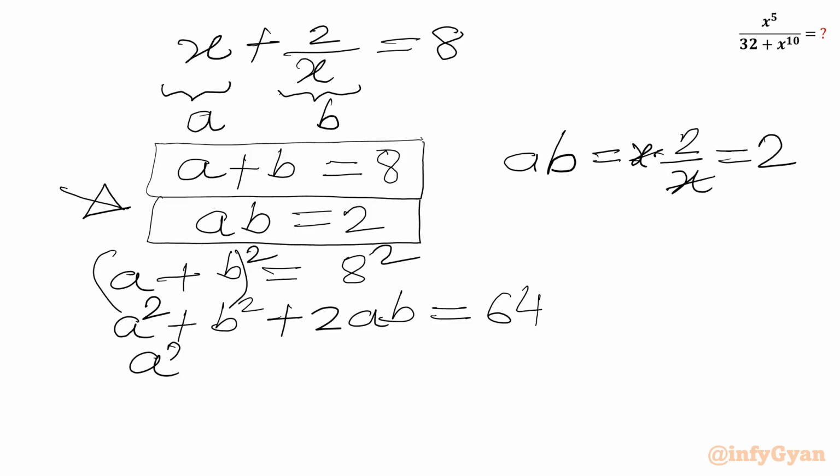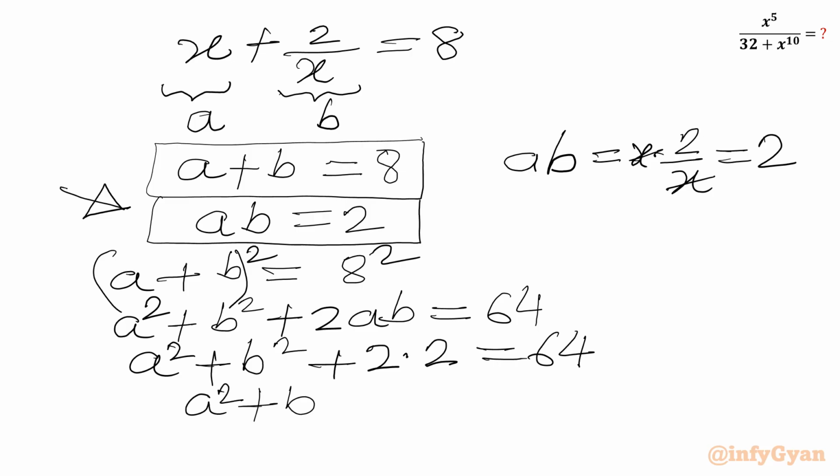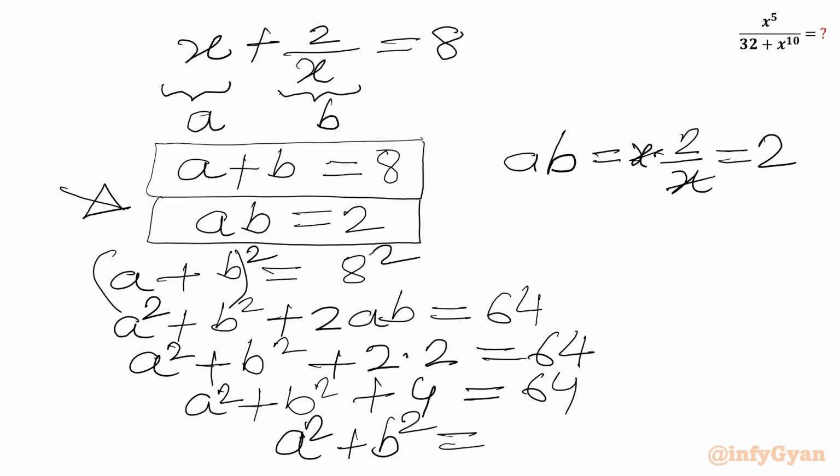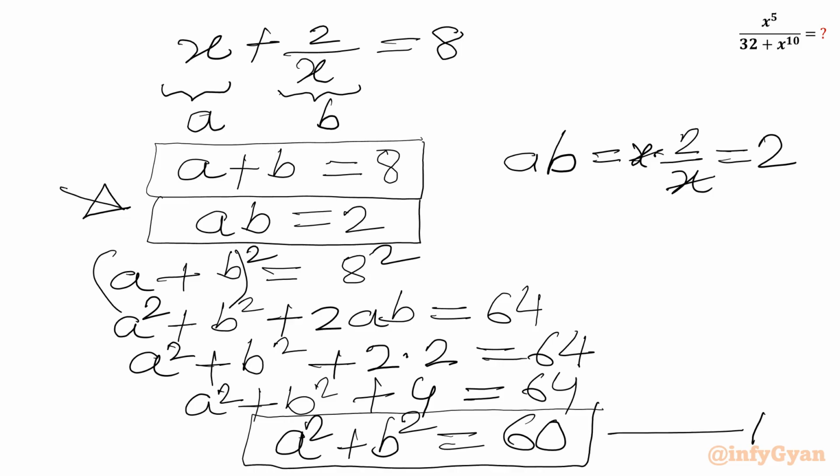So I can write a square plus b square plus 2 times 2 equal to 64. So a square plus b square plus 4 equal to 64, or we will get the value of a square plus b square: 64 minus 4, 60. Let us say this is our equation number 1.